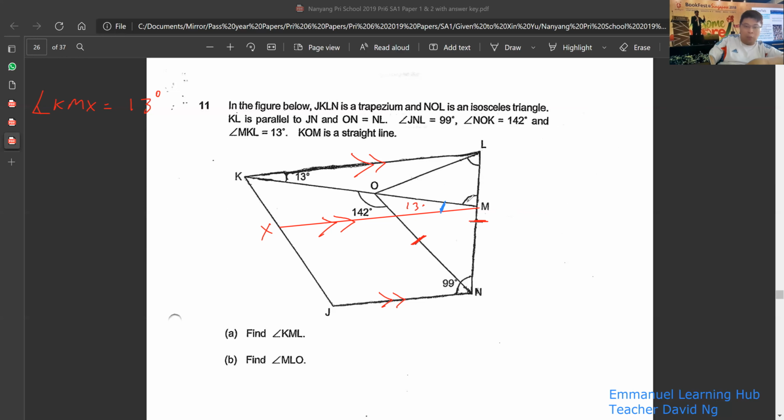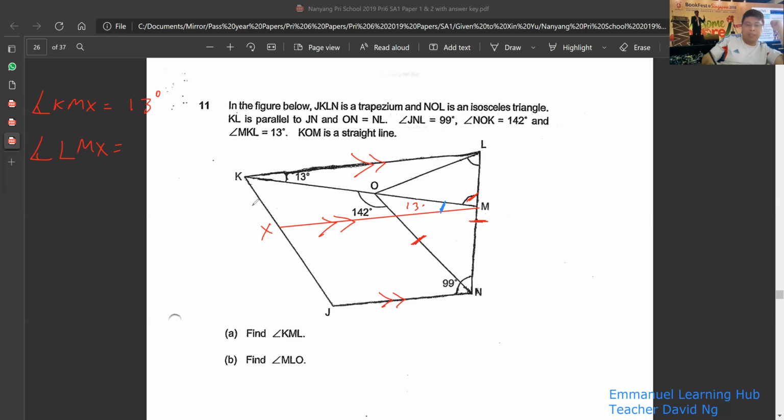Okay, now can you tell me what is this angle? LMK or KML? Earlier on, you could tell me this angle, right? Maybe you tell me what is the angle LMK? 86.